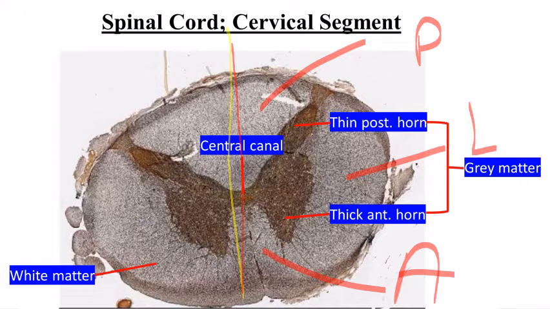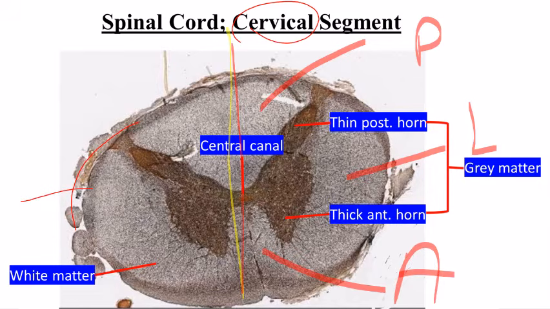So now we know that we are in the spinal cord. What level? I have 3 levels: the cervical, thoracic, and the lumbar. This is the cervical. How do you know? First, look at the outline, which appears oval.